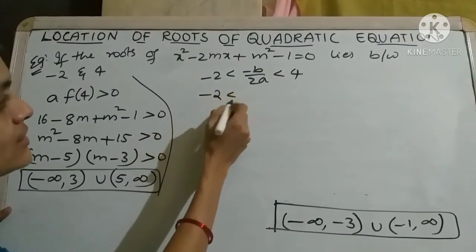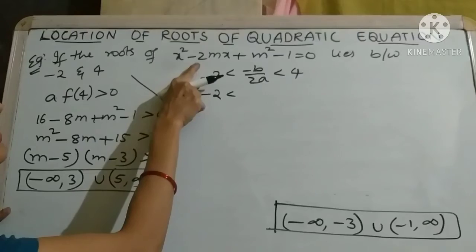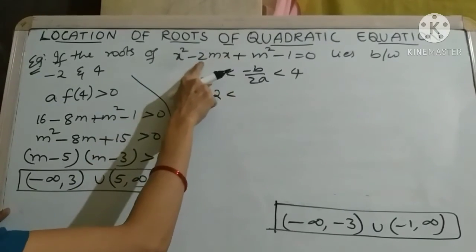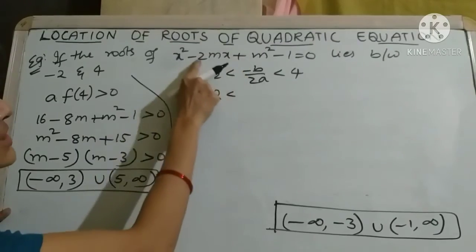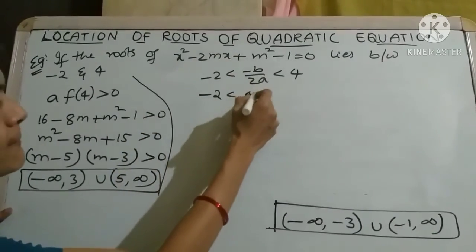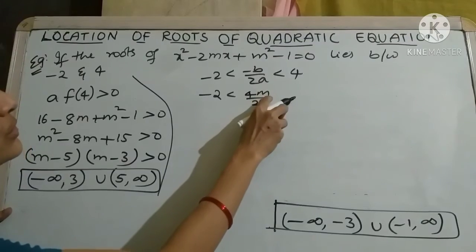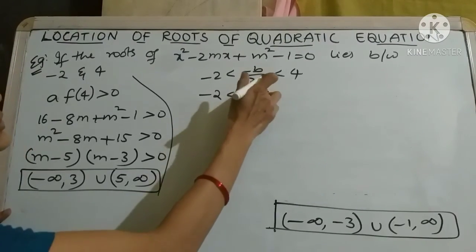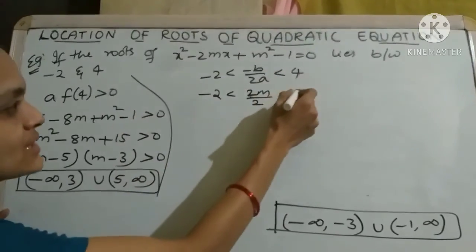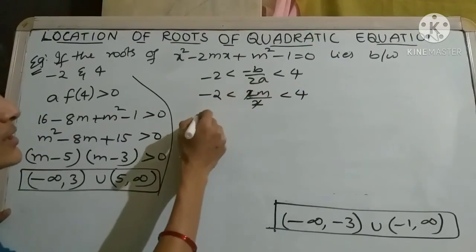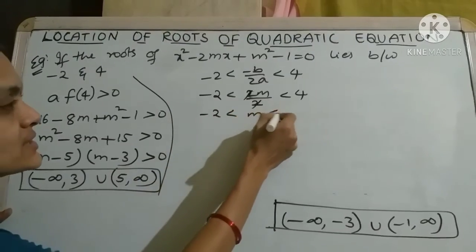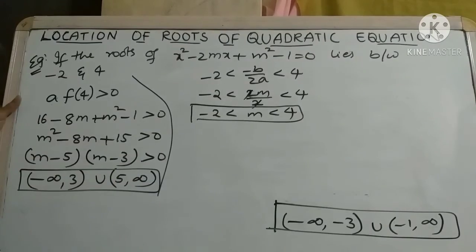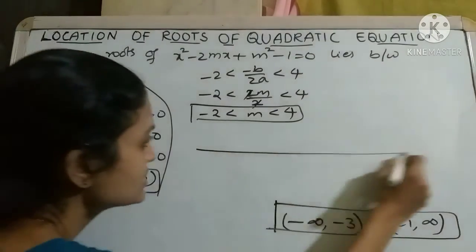The x square coefficient is a and the x coefficient is b. So minus b means minus into minus plus 4m, by 2 into 2m only, that is 2a, where a is 1, is less than 4. These two get cancelled: minus 2 less than m less than 4. There you get another relation.